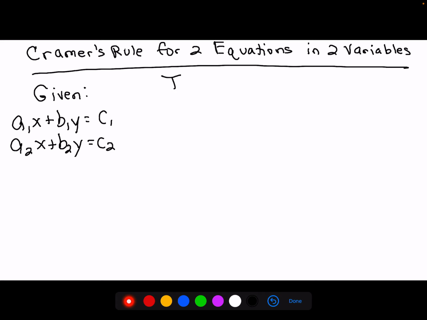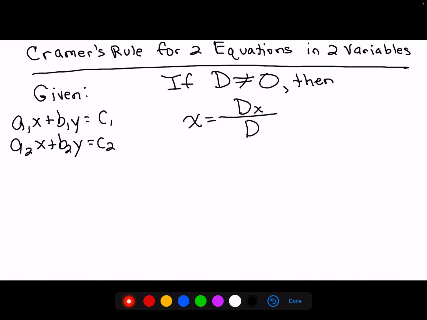And as long as capital D is not 0, because if it was 0, you divide by 0, that's undefined. That's not going to work. Then the system has unique solutions, d sub x over d and d sub y over d for x and y.